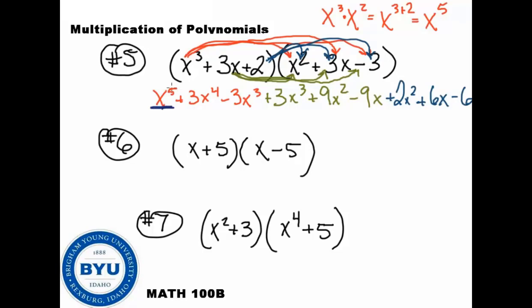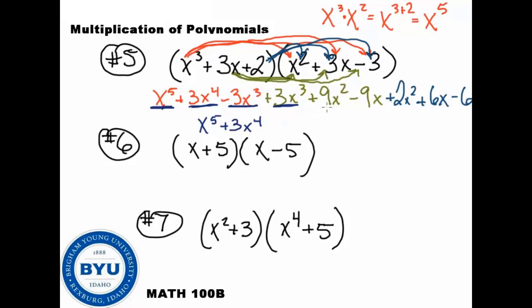So x to the 5th. Do we have any other x to the 5ths? X to the 4th. Do we have any other x to the 4ths? Nope. X cubeds. Oh, here's an x cubed, and here's an x cubed. Oh, that's interesting. We had negative 3x cubed plus 3x cubed. Those go away. Sweet. Okay.